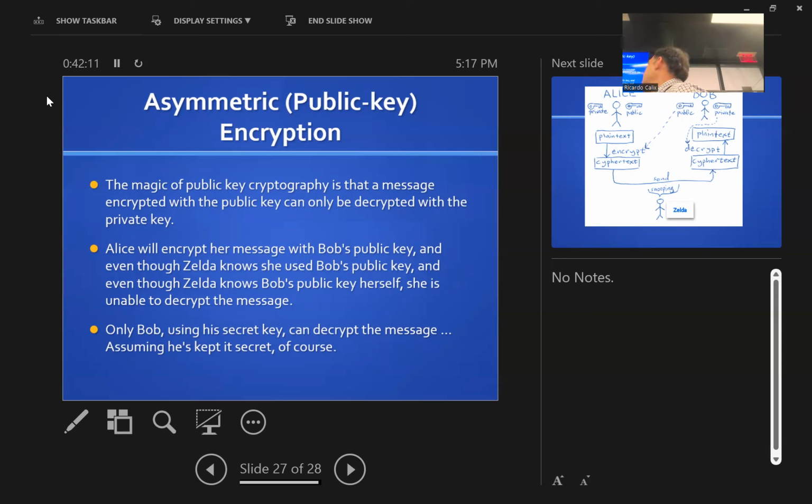It can only be decrypted with Bob's private key, and Bob keeps that one private, secret. You can see that only Bob, using his secret key, which should say private key there to be more clear, using his private key can decrypt the message, assuming he's kept it secret. Got it? So we'll do several exercises of this.